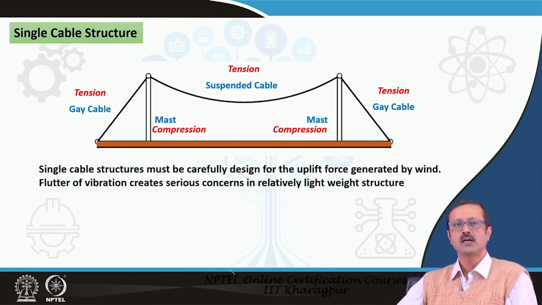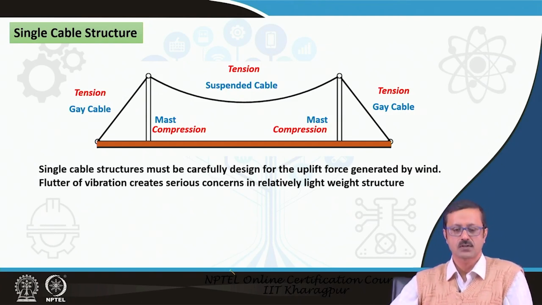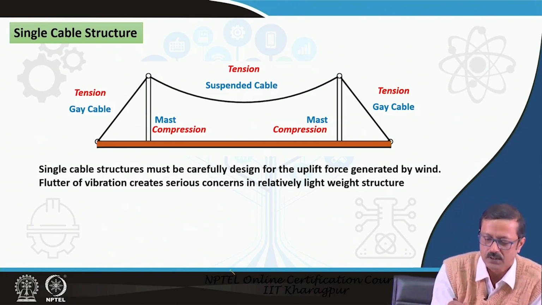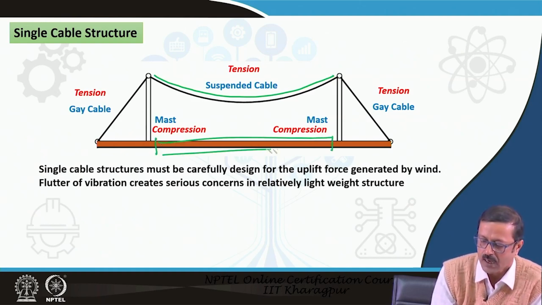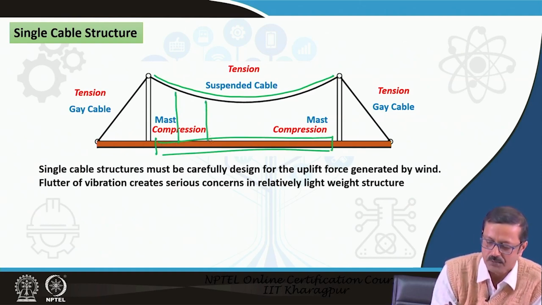But when you design the single cable, a roof can be over it, or this portion can be a roof, and we can take support from this particular cable. If I take the suspension cable support like this, this will create a funicular polygon.